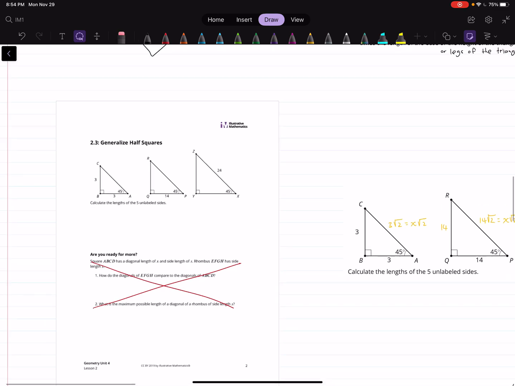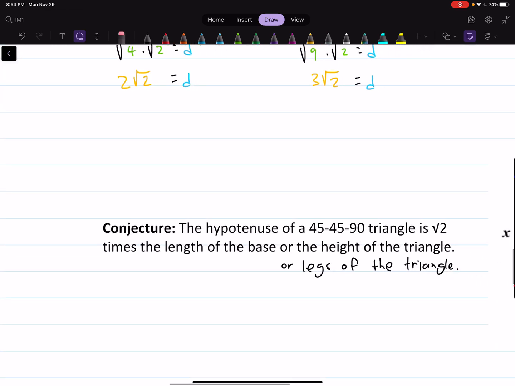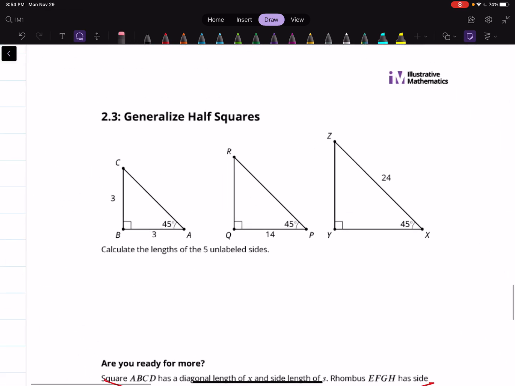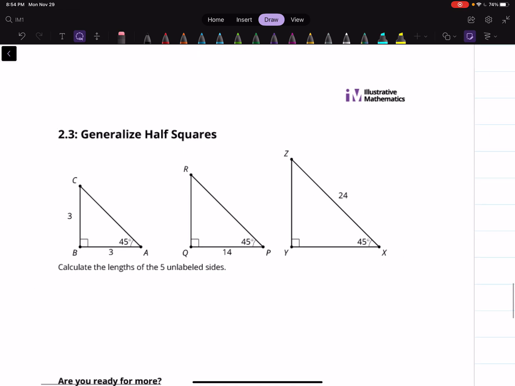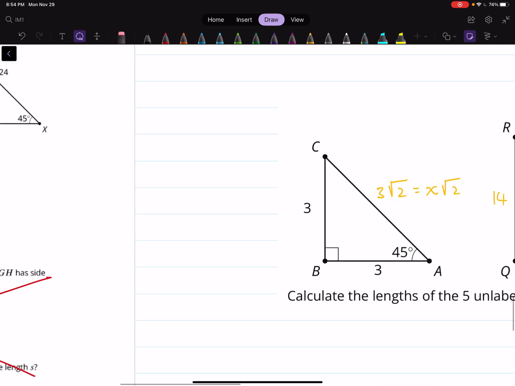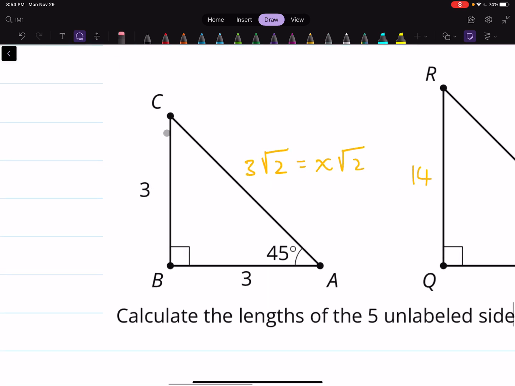Once again, I don't want you to use the Pythagorean theorem to solve for the missing sides of the triangle. I want you to use the conjecture that we learned here. Okay, so pause the video and try to do that. All right, so I'm assuming that you did that. So let's take a look here. So if you see, the length of a leg of the triangle is 3, right? So this length is 3.